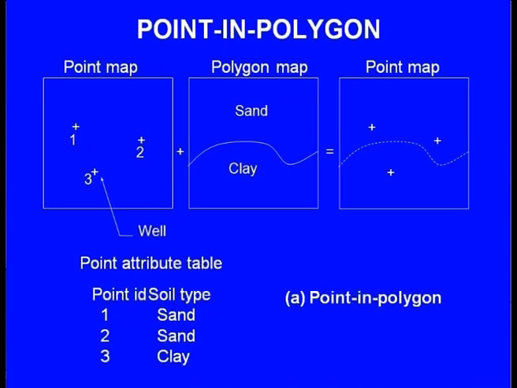Thus, it would appear: well number 1, soil is sand; well number 2, soil is sand; well number 3, soil is clay. And thus, now the analyst is in a better position to understand which type of soil is present at each well which has been located in a given area.